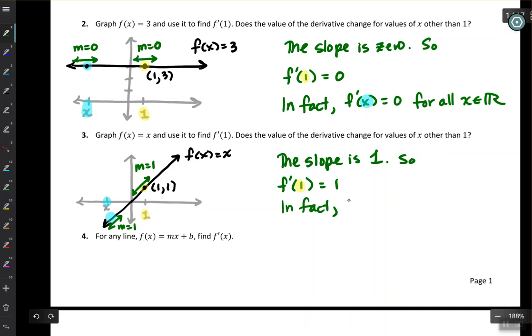In fact, the derivative of x is 1 for all x in the domain. Why? Because the slope of the line y equals x is 1 everywhere. Maybe we write that.